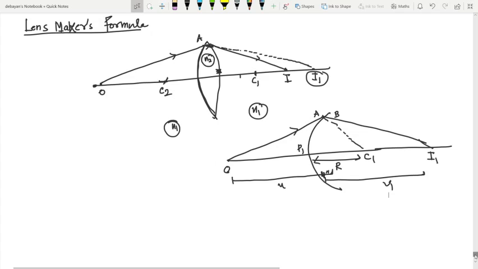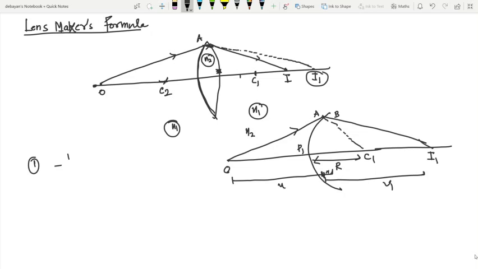In this case the image will form in the denser medium, so we use the first formula, n1 by u plus n2 by v1 equals n2 minus n1 by r1.